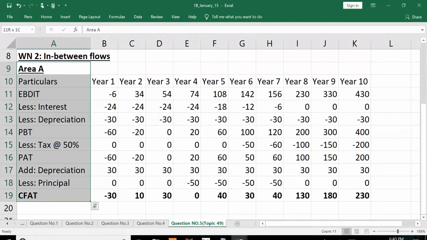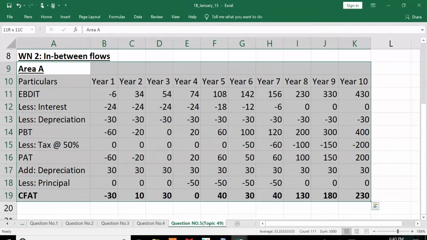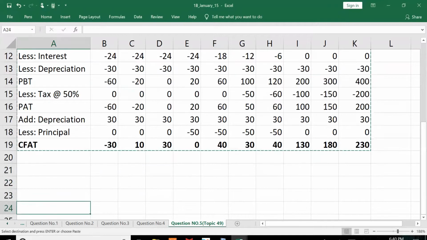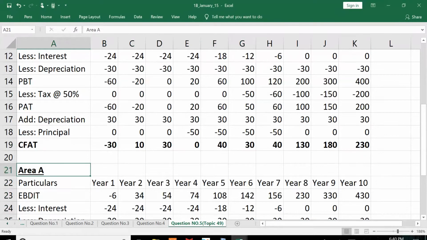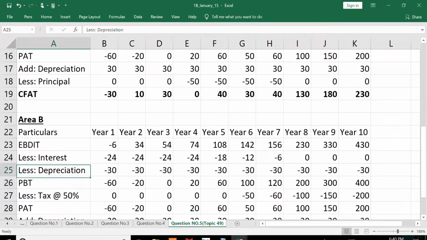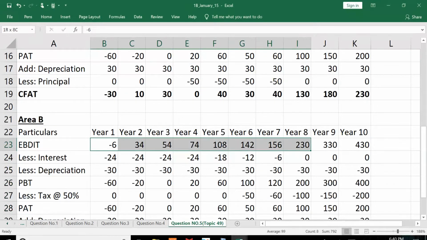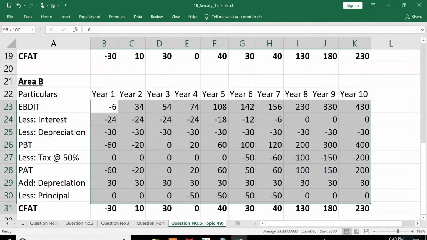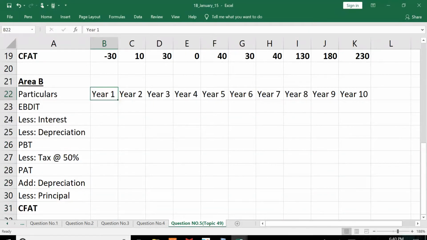Let's do area B, a similar statement. Same format, with some adjustments here and there.